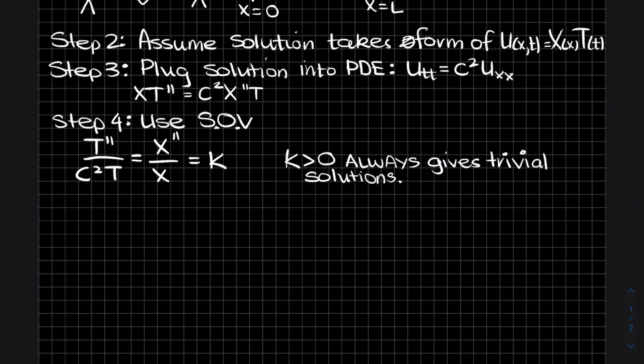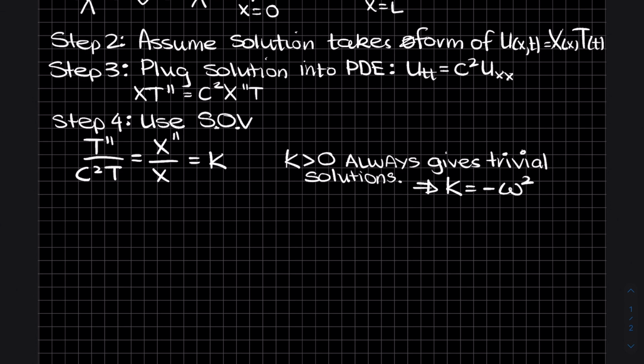So in this case, we can write k is equal to minus lambda squared. It means we're always going to end up with either something negative, or k equals 0.